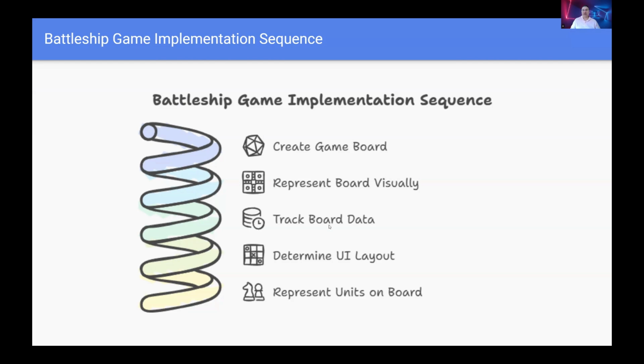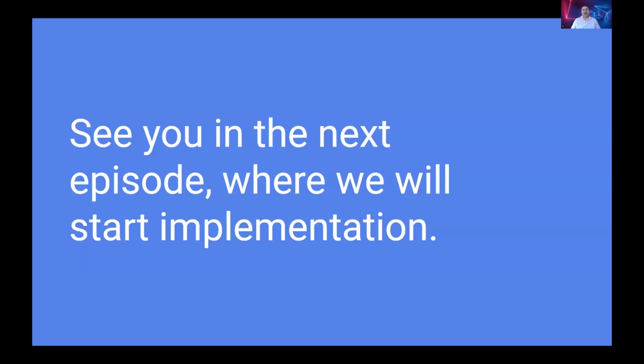And then eventually we'll have to start tracking the board data, determining some sort of a UI layout where the player would be able to interact with the board, first by initially placing the board pieces onto the board, and then, once the game starts, by selecting which location on the opponent's grid we want to target and attack. And then, of course, we have to represent all of the board units properly back to the user.